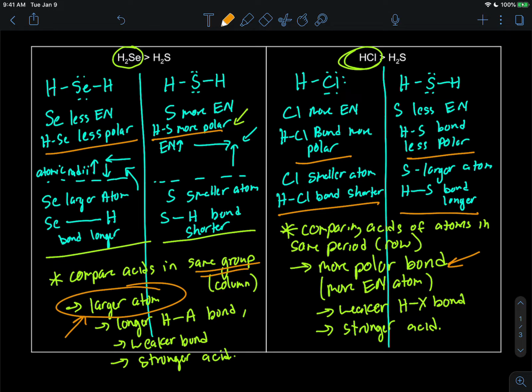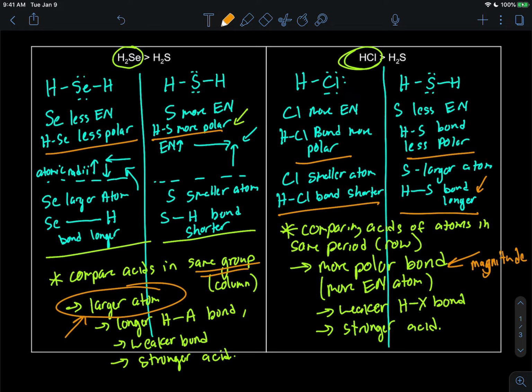Now again, we see that these two factors are varying, and the reason for that is the magnitude of difference. This is a greater magnitude of difference in the electronegativity than we would see for our bond length. So our bond length is slightly smaller for hydrogen-chlorine than it is for hydrogen-sulfur, but the polarity is way greater because chlorine is much more electronegative than sulfur.